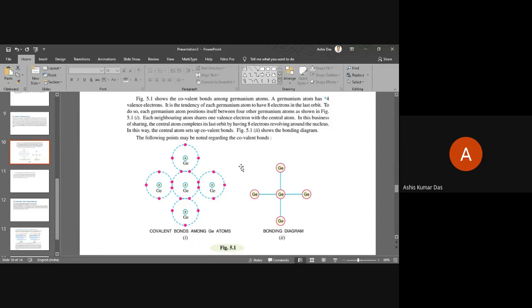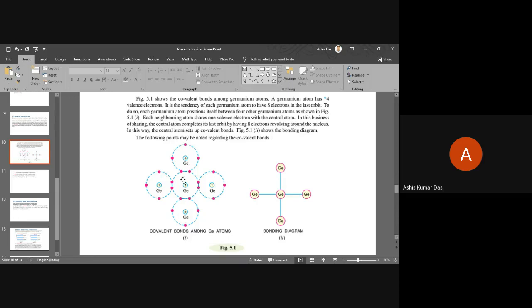If you see the electron distribution in different orbits, germanium has 4 electrons in the outermost orbit, isn't it?